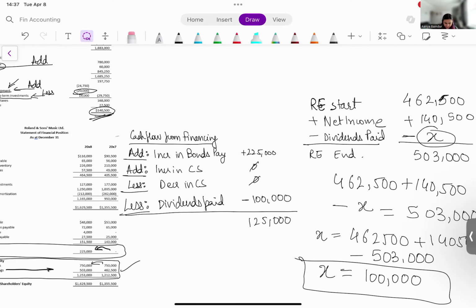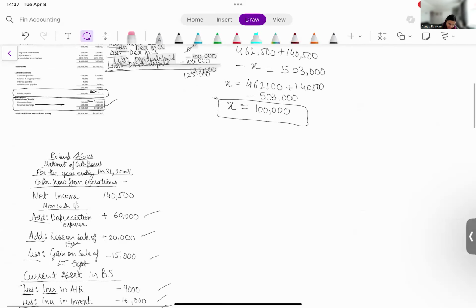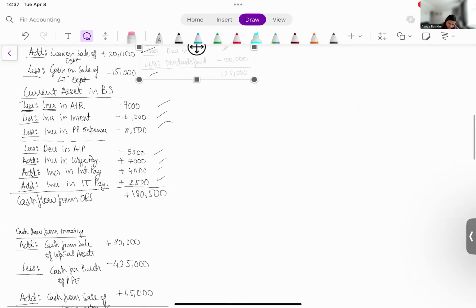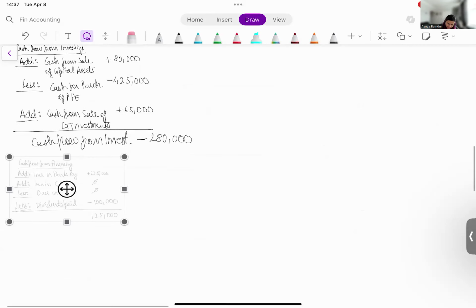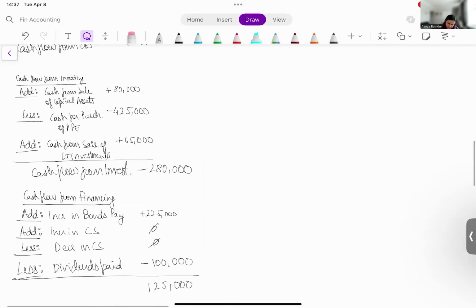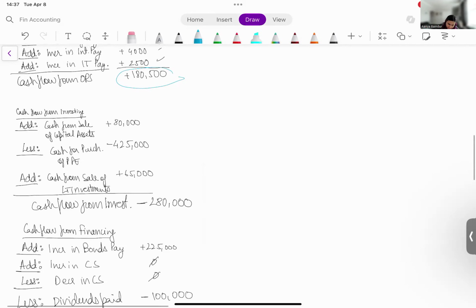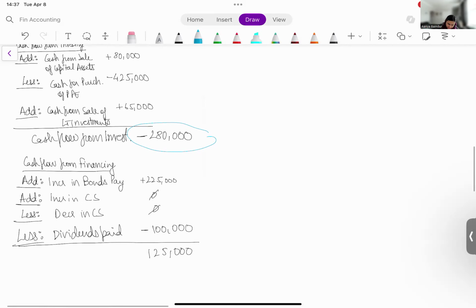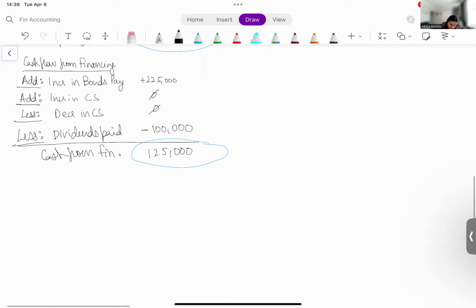Let's see what we do at the very end. Now we have all three of our cash flows. We have our cash flows from operations, we have our cash flows from investing, and we have our cash flows from financing. Let's add those numbers up together. That is the change in cash.